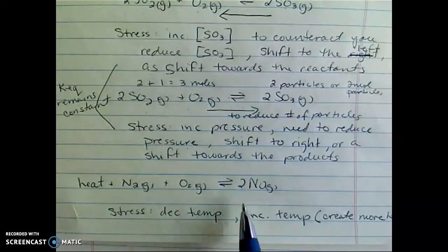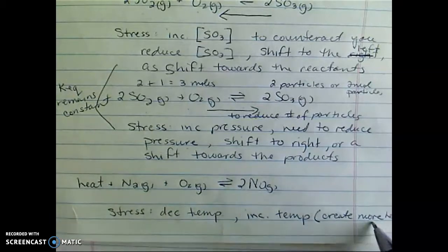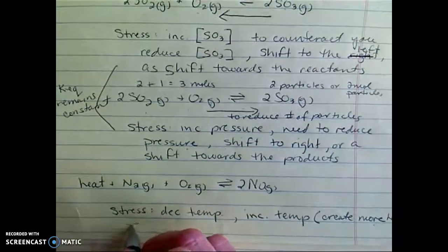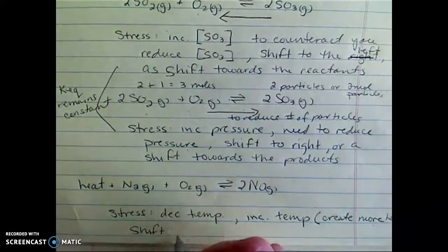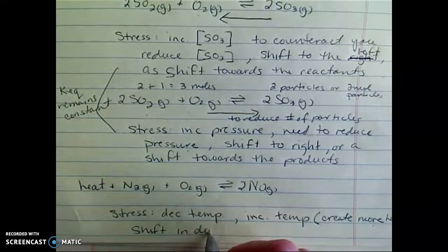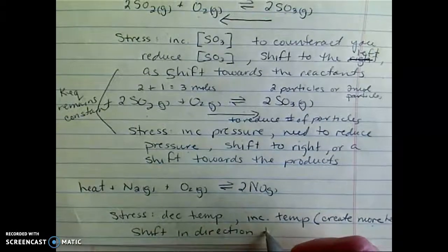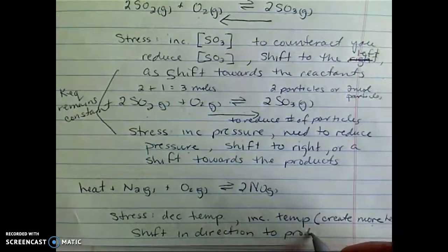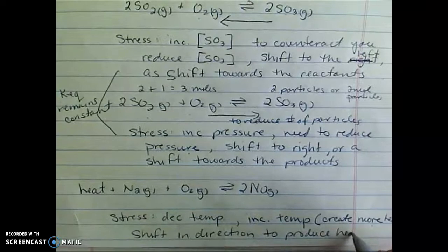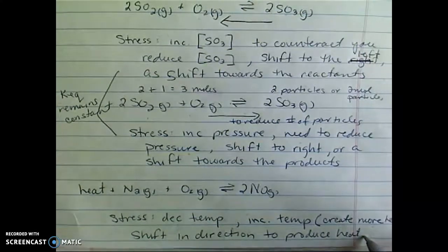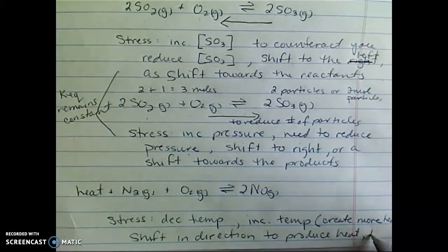So when you're looking at this, creating more heat means I need to shift in the direction where I'm going to produce heat. So in this case, that is going to be to the left.